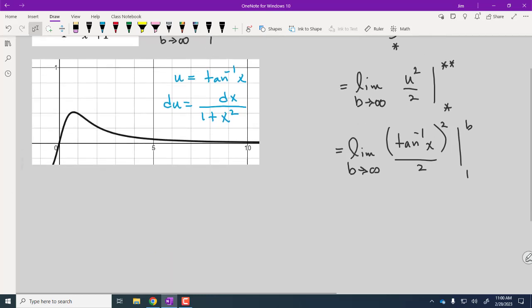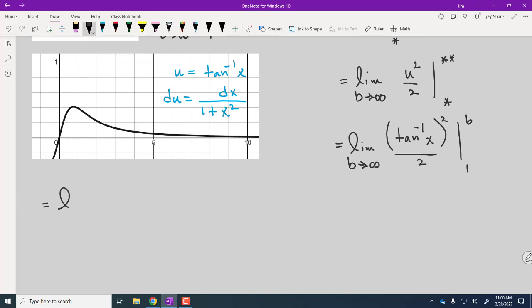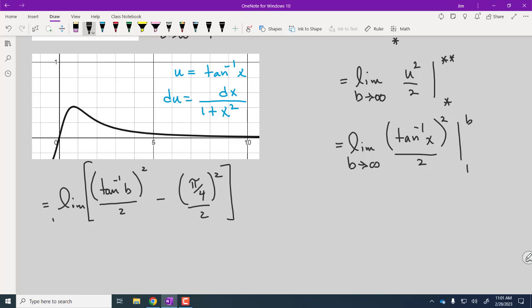Plug in the upper limit. So we're going to have limit of arctan b squared over 2. We could have pulled that 2 all the way out. That might have been nicer. Arctangent of 1. What is arctan of 1? Pi over 4. We've seen that a bunch. So we get pi divided by 4, quantity squared divided by 2. And this whole limit is as b goes to infinity.